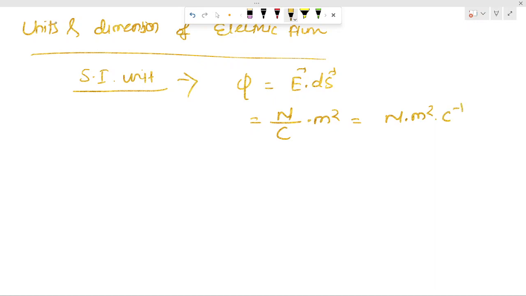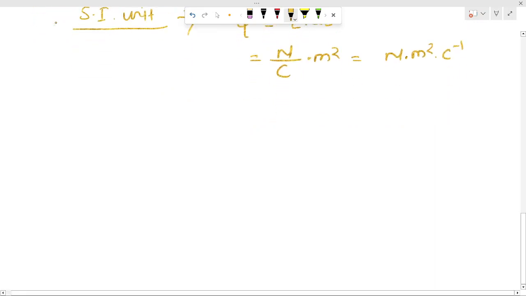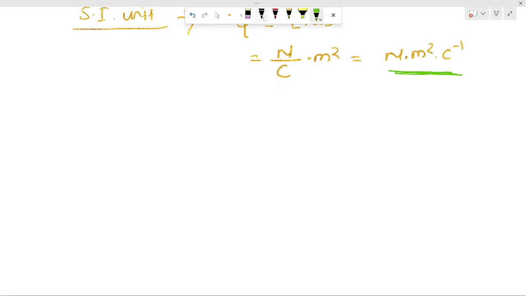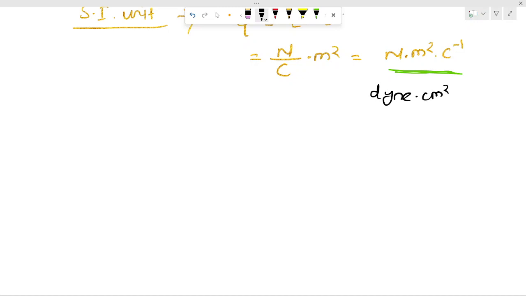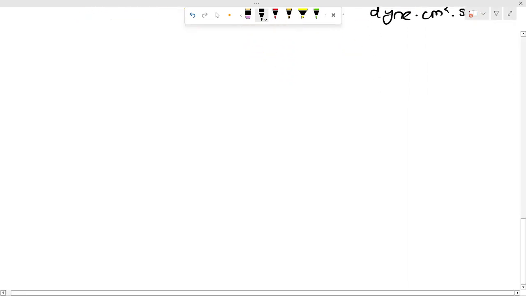Do you get it? Yes, make it an underline so that you could easily access it. This one is the SI unit. If I consider the CGS unit, then you will write it as dyne into centimeter square into stat Coulomb inverse. Understood? Yes.